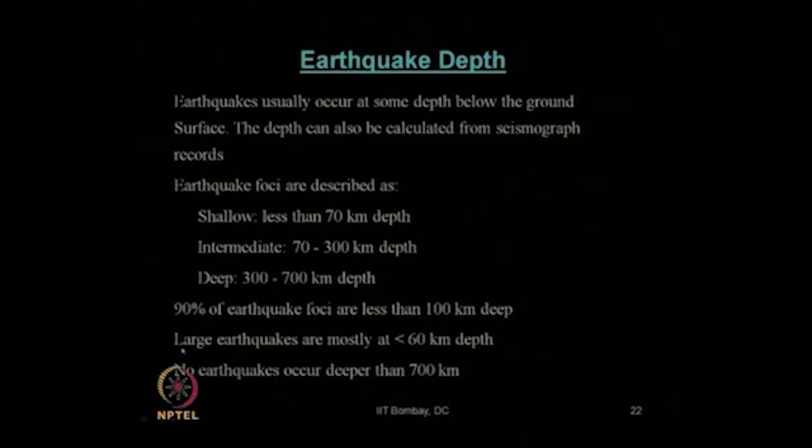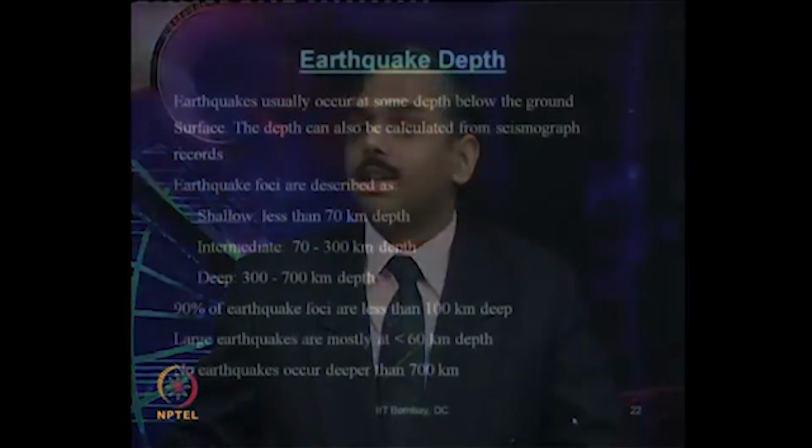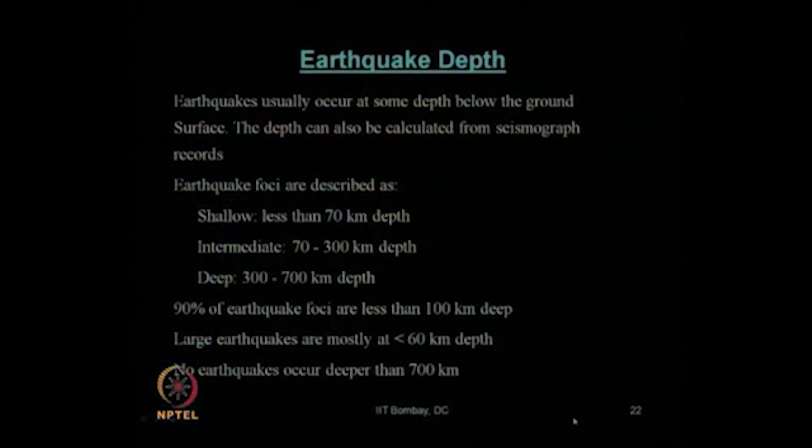So that is why a large or major earthquake will be a shallow earthquake, and no earthquakes occur deeper than 700 kilometer, because then we will go to another level of the earth's interior. So no earthquake occurs deeper than 700 kilometer depth.